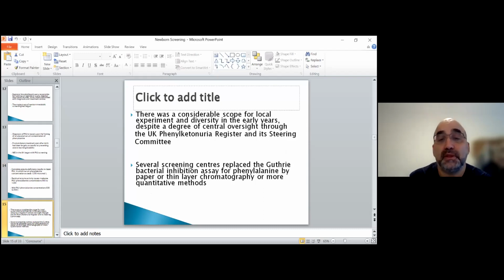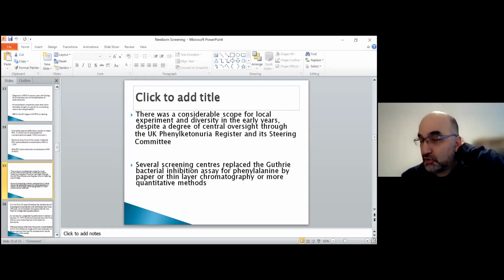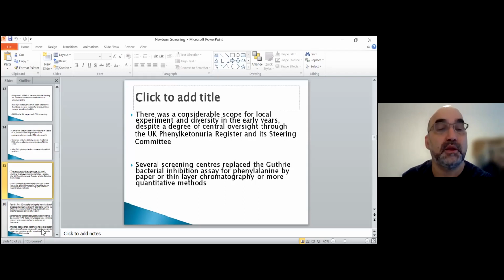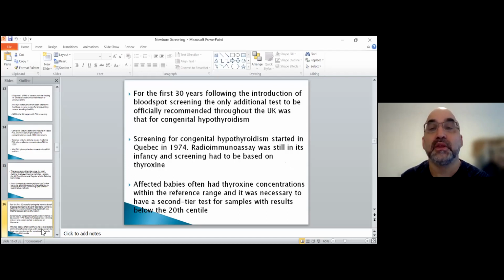Some places started thin layer chromatography, and then it moved on to more quantitative methods like mass spectrometry that we currently use. In the video I showed you, one of the machines was the mass spectrometer that we are using currently for newborn screening of PKU.